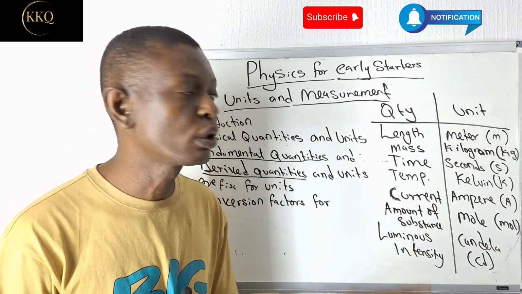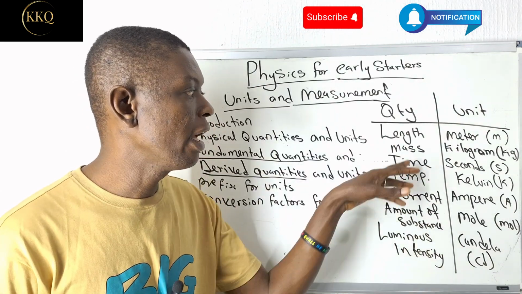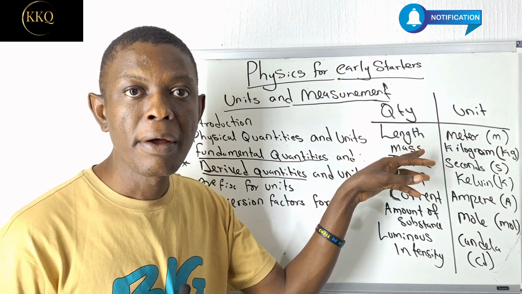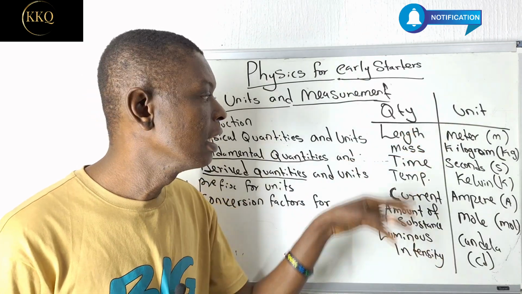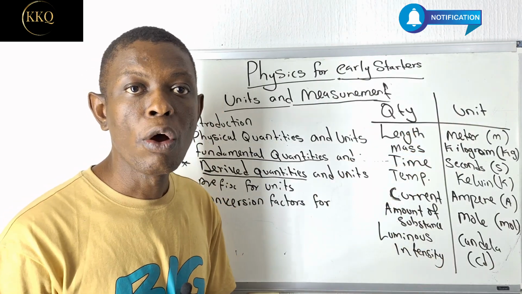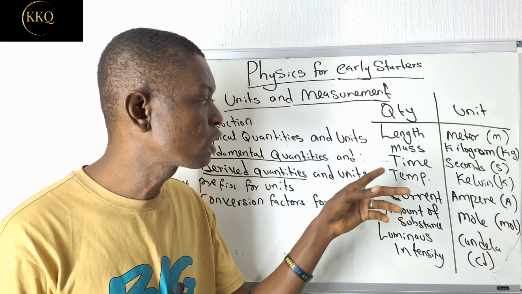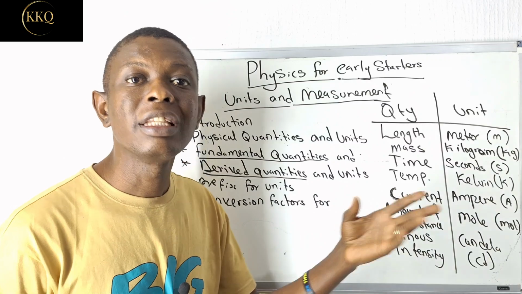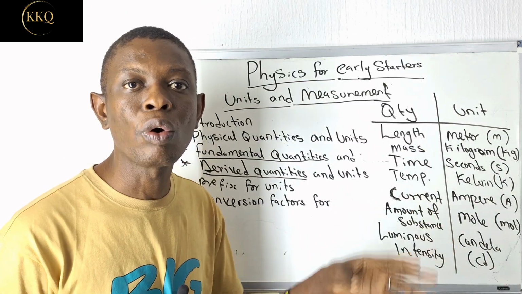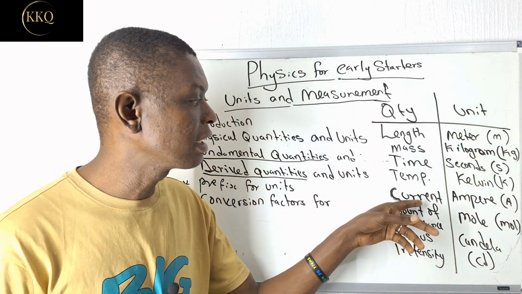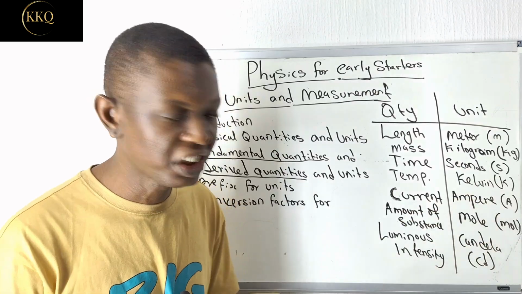or displacement between objects. Mass, the amount of matter possessed by an object. Time, the reference in which an event occurs, or the interval in which something occurs. Temperature, the quantity of hotness or coldness in a body. Current, the flow of electric charge.